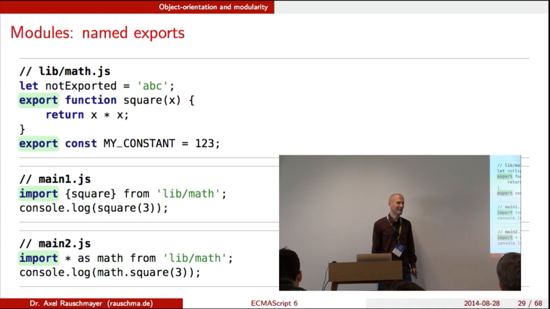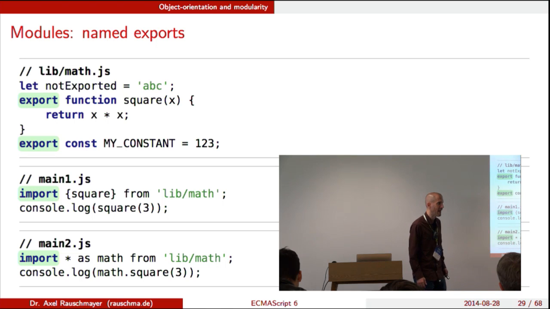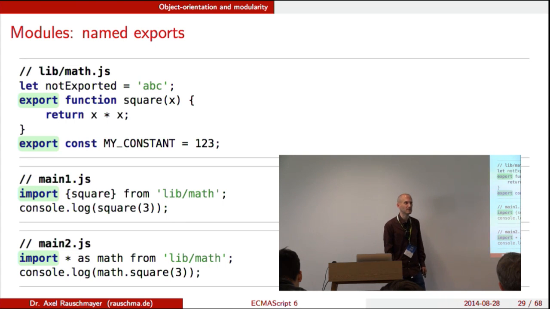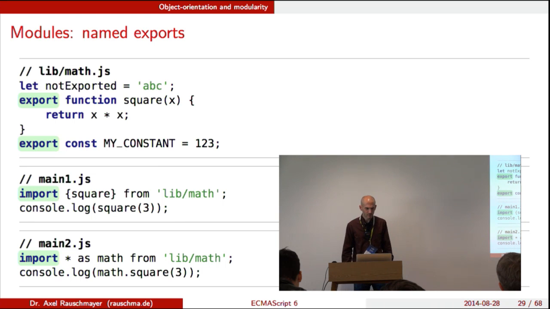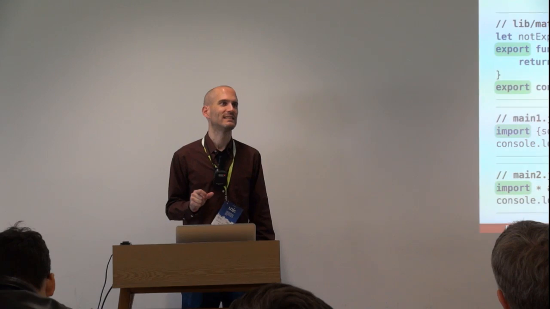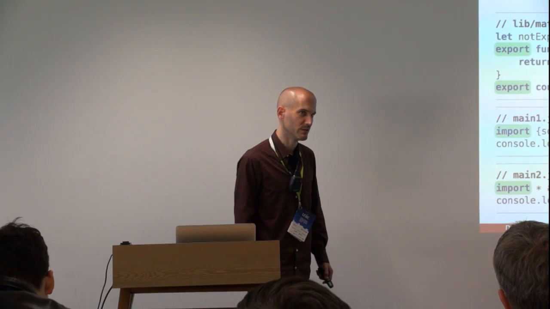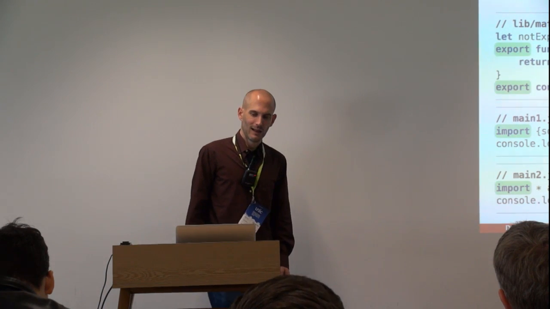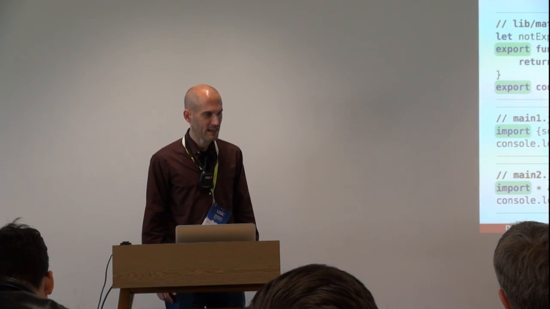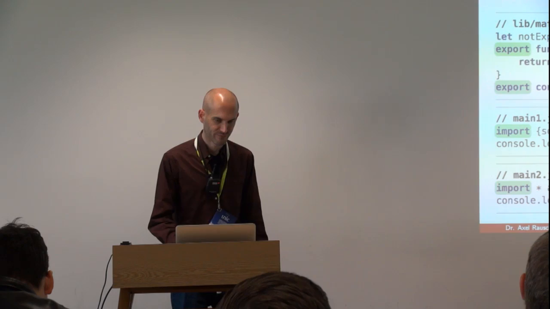You have, and this is unfortunate, many package managers, and you have two competing module systems, probably more. So what ECMAScript 6 brings here is a single module standard that hopefully everybody is going to use. And that in and of itself will be great.